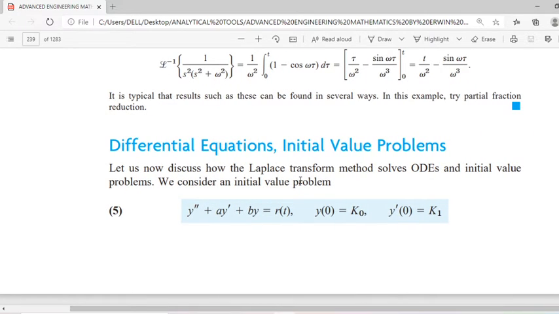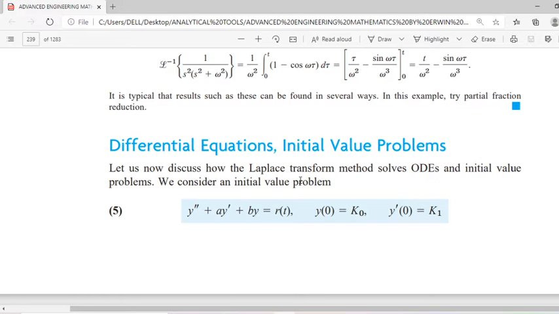I studied in degree classes based on this book. In the mathematics degree, there is a paper on differential equations, and the reference book of that paper is this Advanced Engineering Mathematics. So that is the reason I have chosen this book for the study of Laplace transformation.